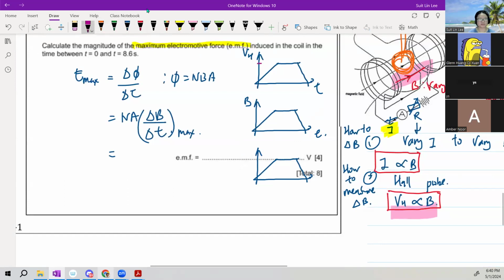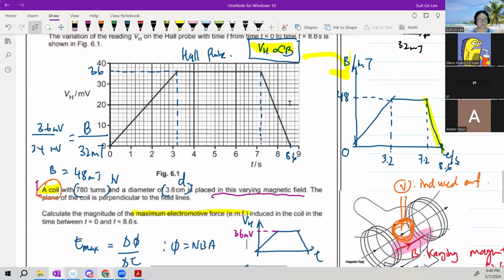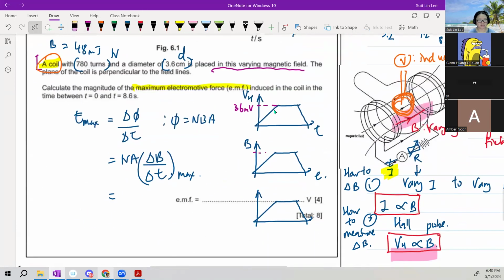Like this one was 36 millivolt there, but then it is 48 millitesla. And if I care to, I can calculate this. In fact, I'll probably be calculating it anyway. Flux against T. So this one will be a different number because this will be NBA.